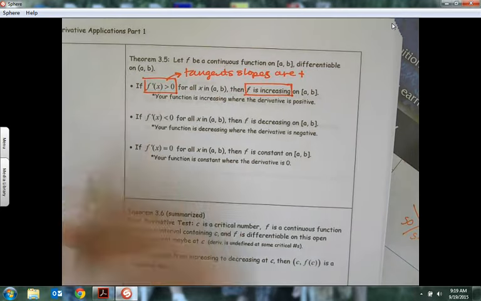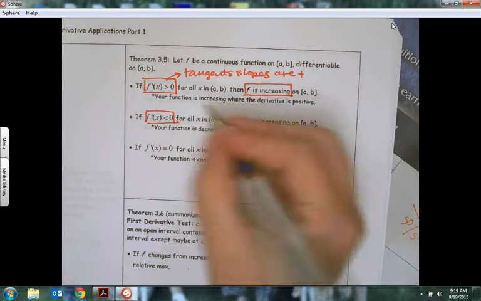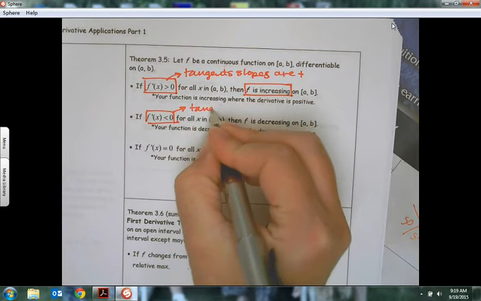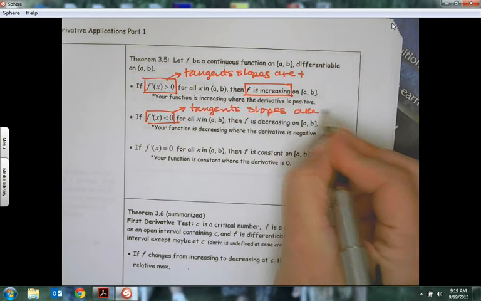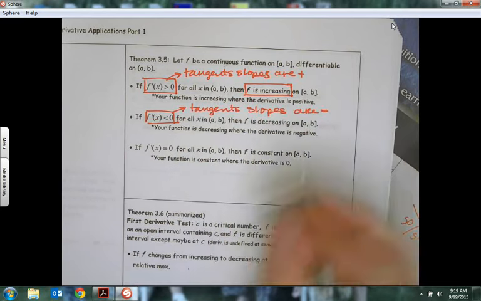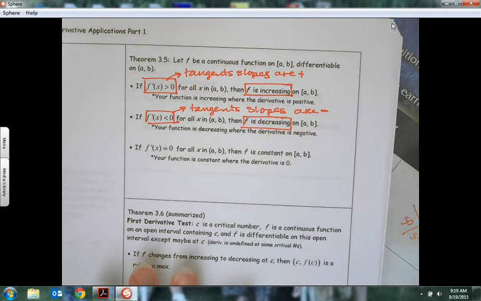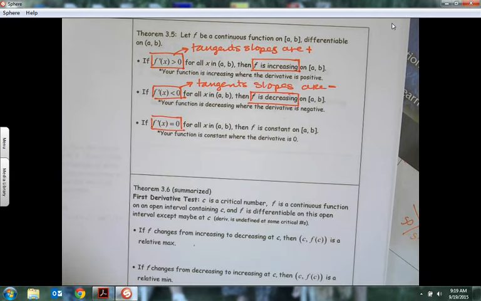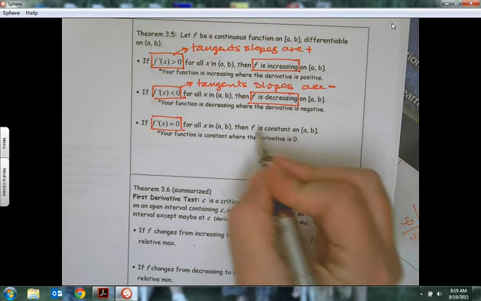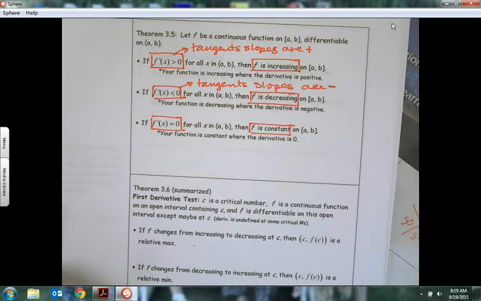And here, when f prime of x is less than 0, which would mean that the tangent slopes are negative, then I know that f is decreasing. And when the tangent slopes are 0, then f is going to be a constant. It's neither increasing nor decreasing.